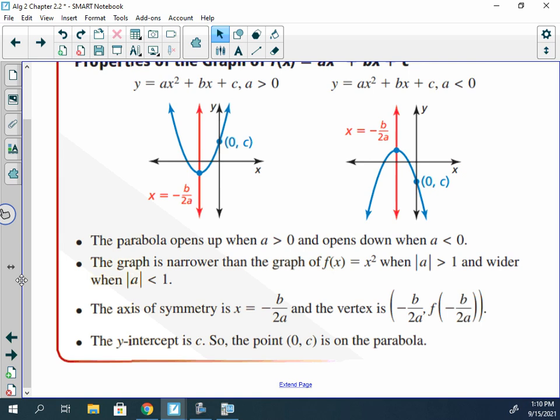Now, the axis of symmetry is x is equal to negative b over 2a. The vertex is negative b over 2a, comma, f of negative b over 2a.